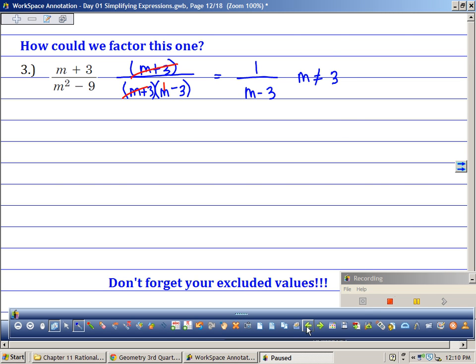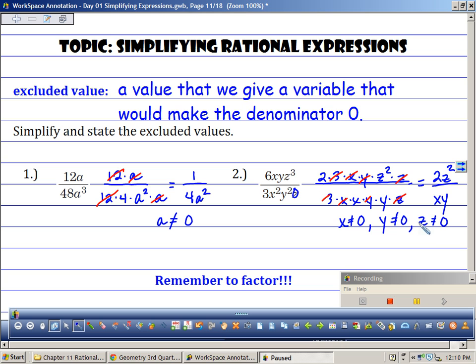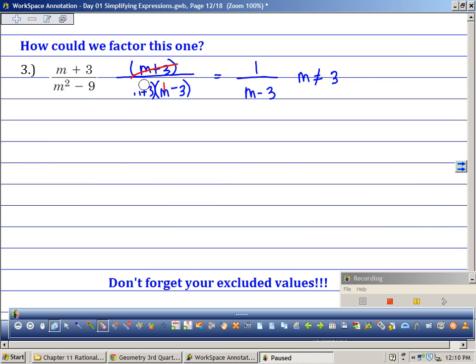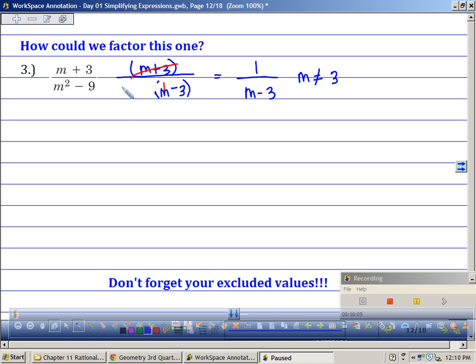But remember what I just said about this one? The original expression, we can't have 0 for any of these. So what do you see here? Let me erase this. I originally have m plus 3 times m minus 3.